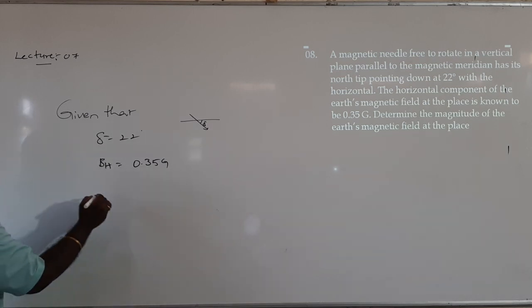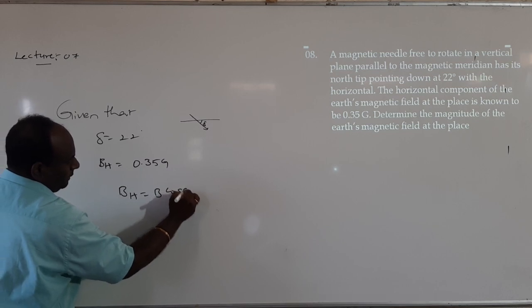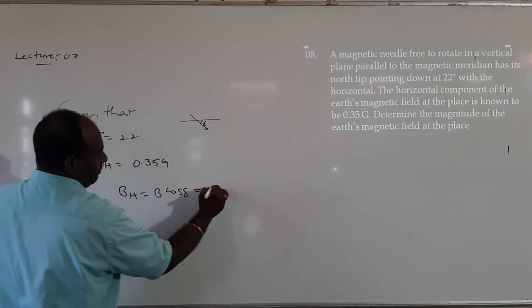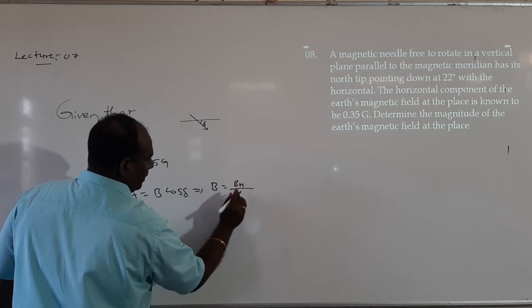Now shall I write? B H is equal to B cos delta, that implies B equals B H by cos delta.